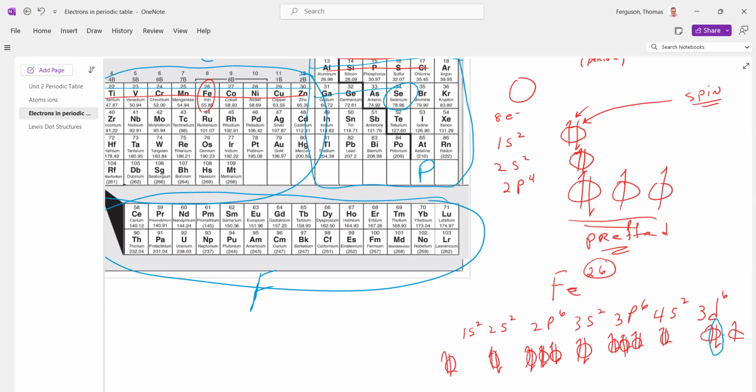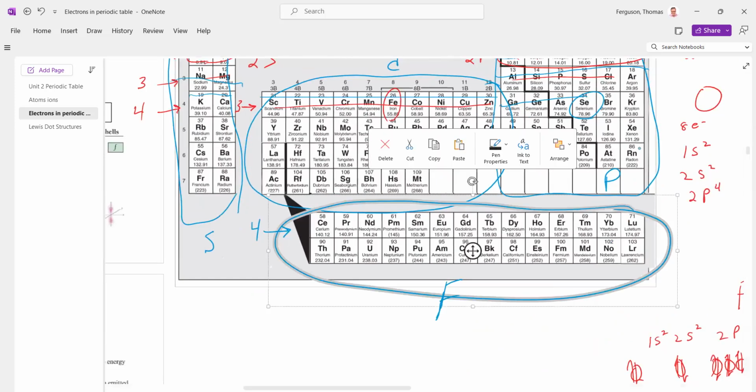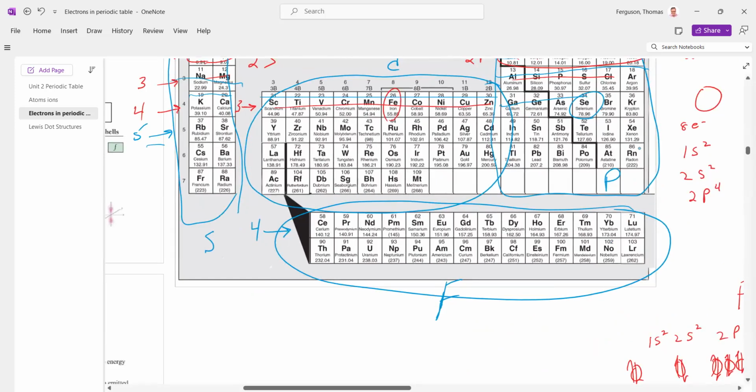You should be able to write electronic configurations for those, okay? We're looking at down to shell number 5. We're not doing any Fs, but you feel very comfortable writing, and don't worry about those below shell 5.